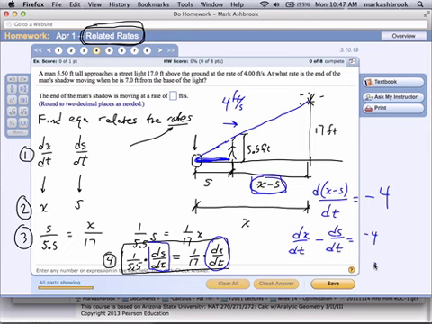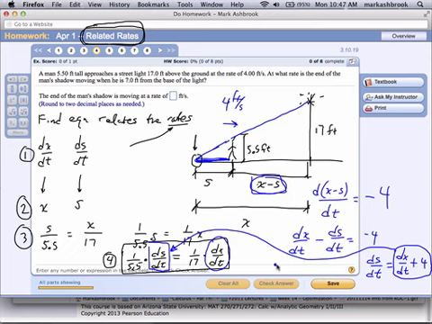So ds dt then is dx dt. So I'm moving this there, so it's going to be +4, is that right? Yes. So now I can take that and put it in there, and then I could solve for dx dt.